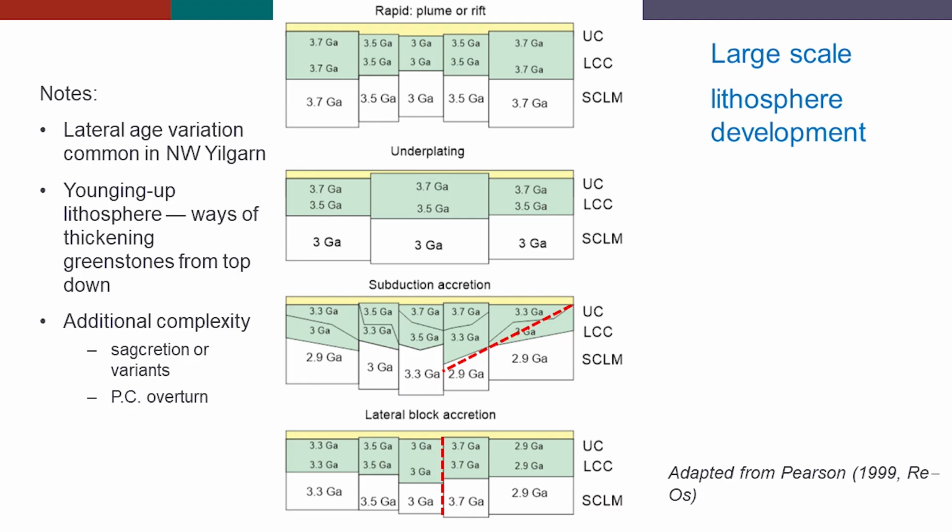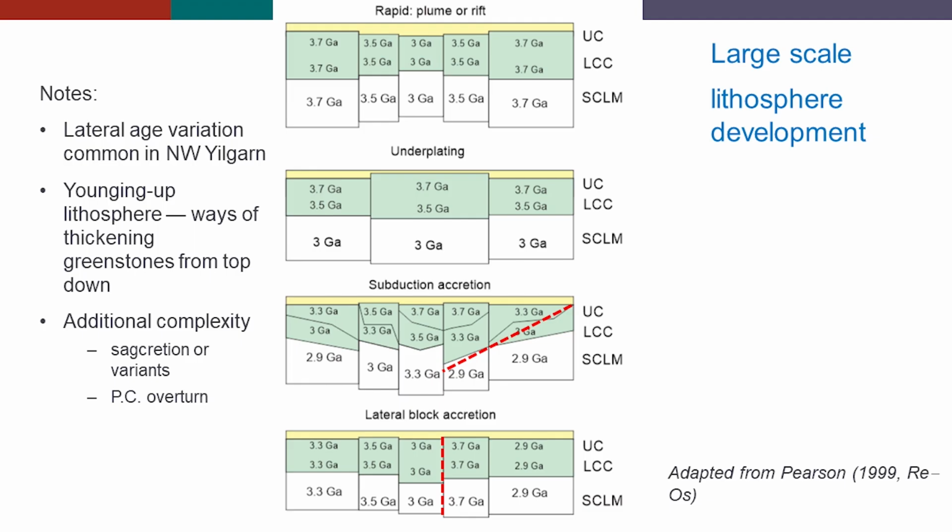So, for example, let's look at a subduction accretion style development of the lithosphere, and you would have these kind of shallow angled trajectories within the crust, but also in the mantle, with these age signatures within them.